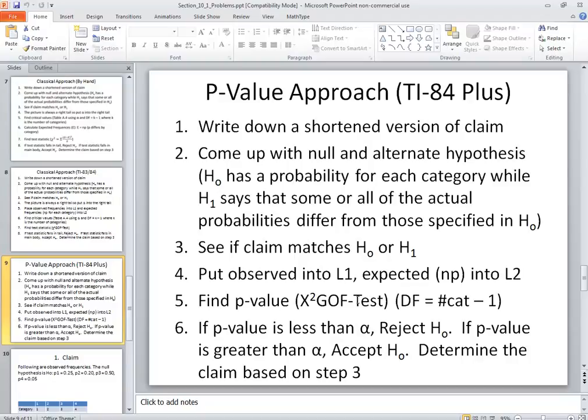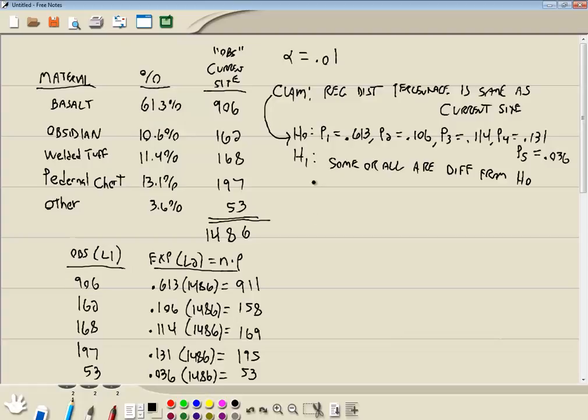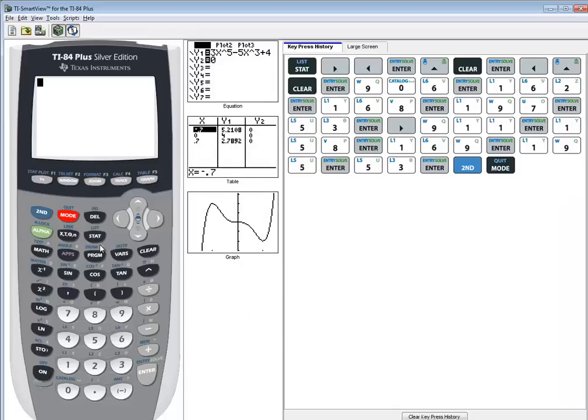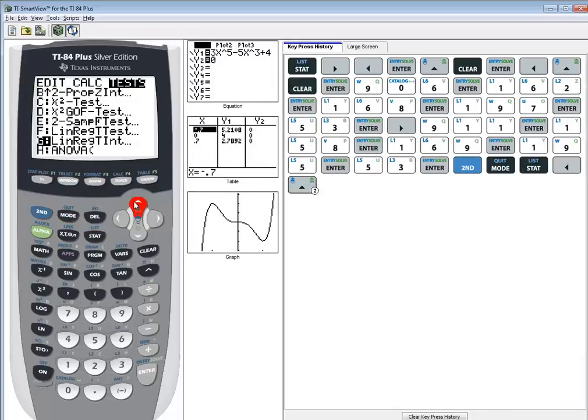Now we're going to do chi-square goodness of fit test. And our degrees of freedom is number of categories minus 1. Well, we got 5 categories here. So 5 minus 1 is going to give us 4. So let's go to our calculator. Press stat. Go over to tests. Up arrow until you get chi-square goodness of fit test.